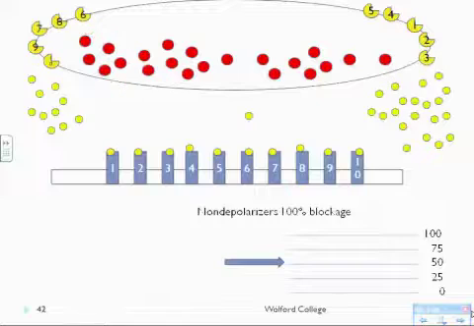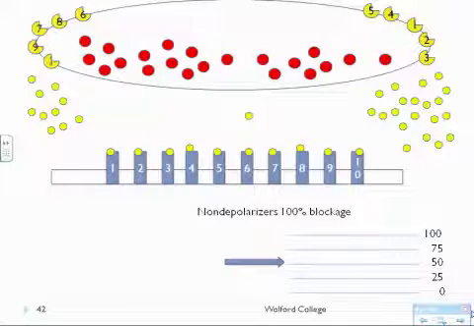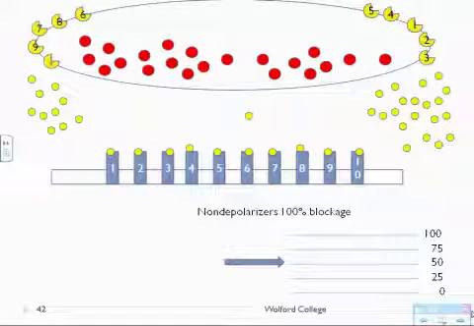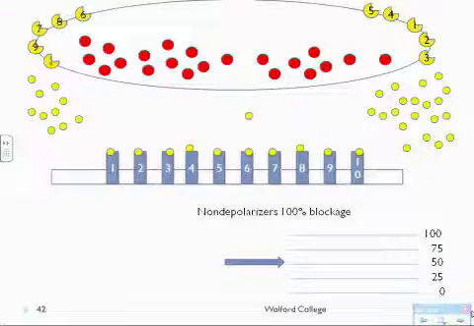All right, so let's take a look at the non-depolarizing agents. In this case, we've dosed this patient with the non-depolarizer, so they have 100% blockade. What you'll see when you give this person a train of 4, which is what we're going to do next, is you can see the acetylcholine release, and it's going to try to competitively push off the molecule.